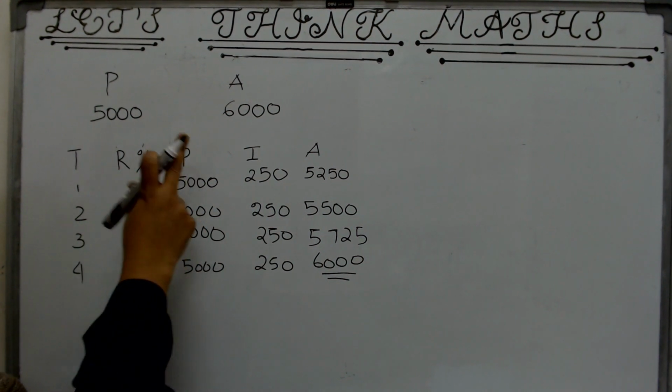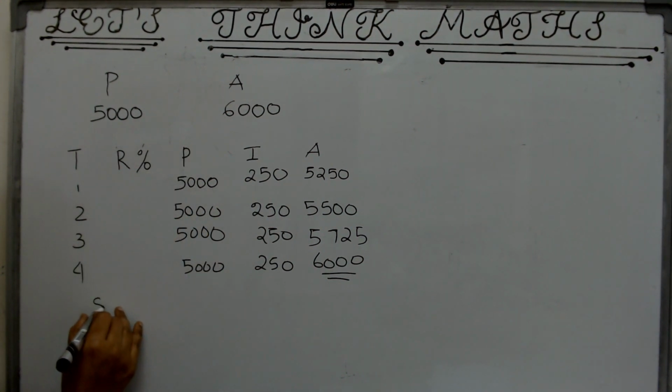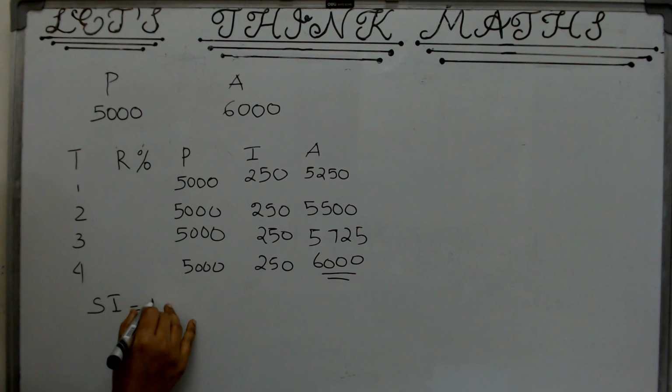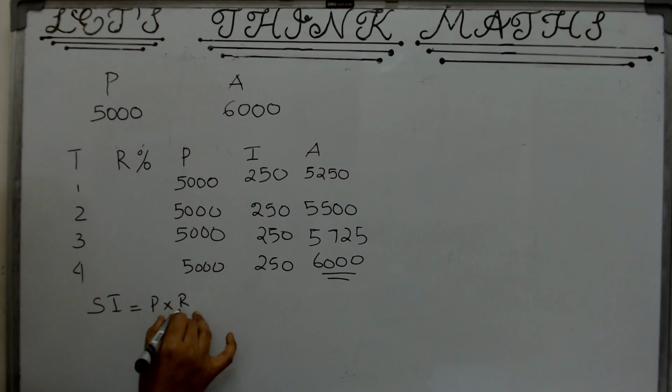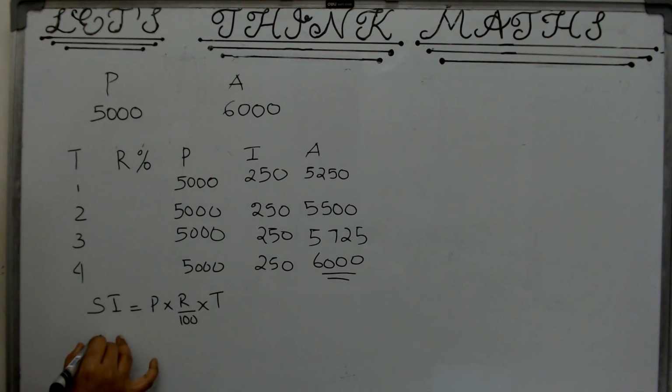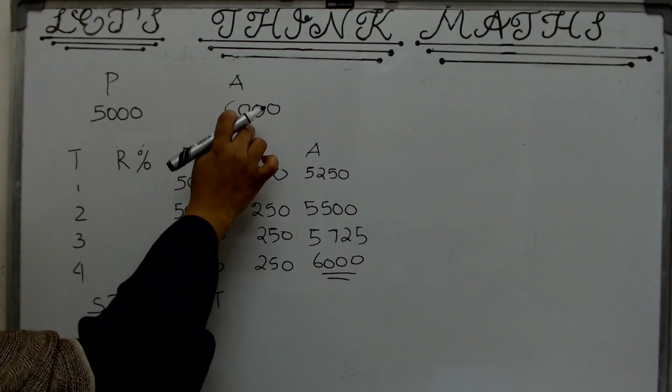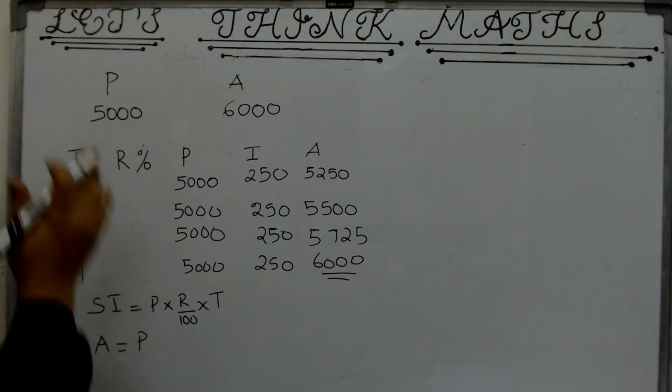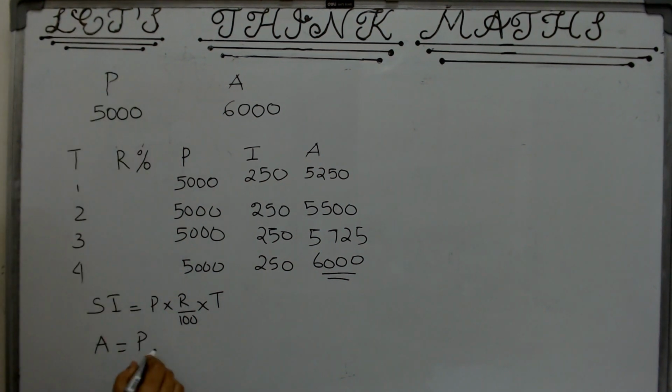And it depends on the principal, and the formula of simple interest is principal into rate into time. And as usual, what is the amount? The amount will be the principal you started with plus the simple interest.